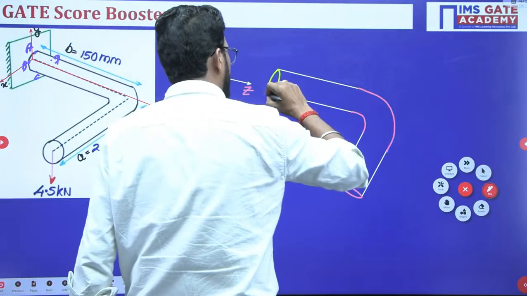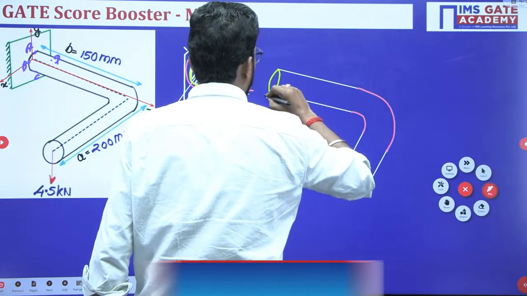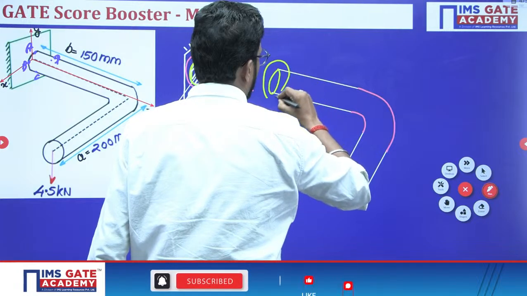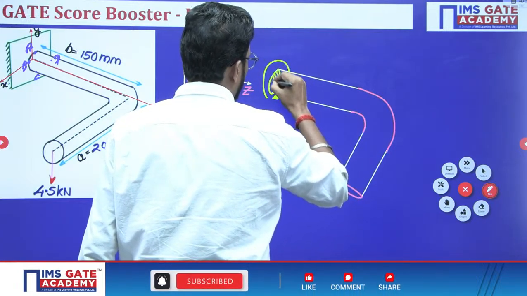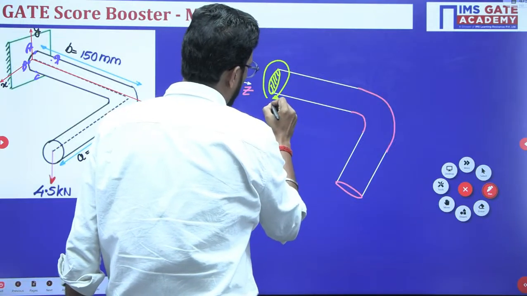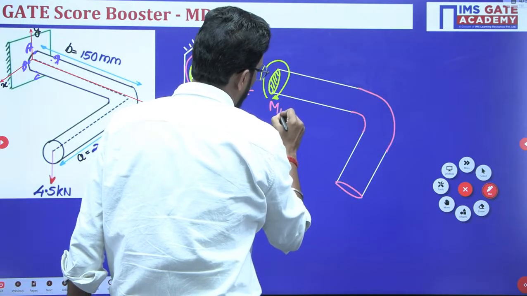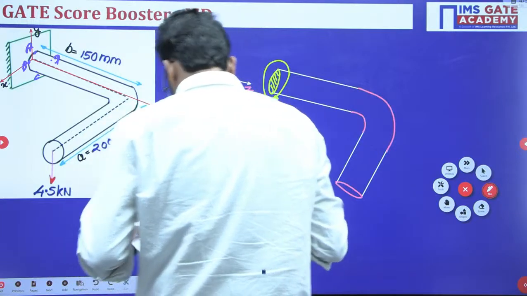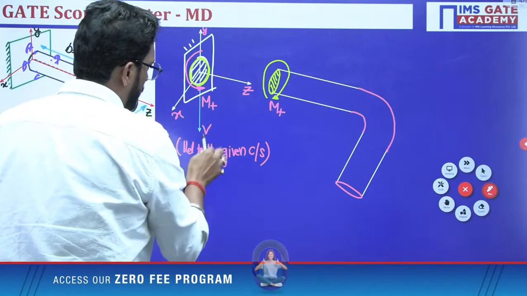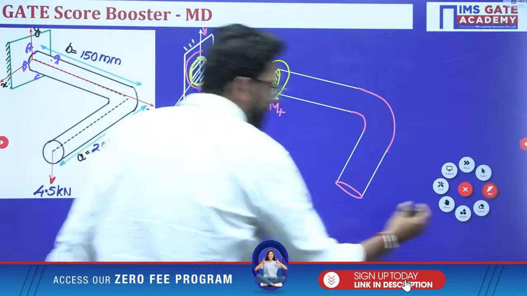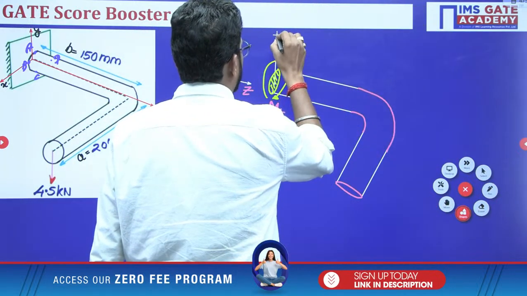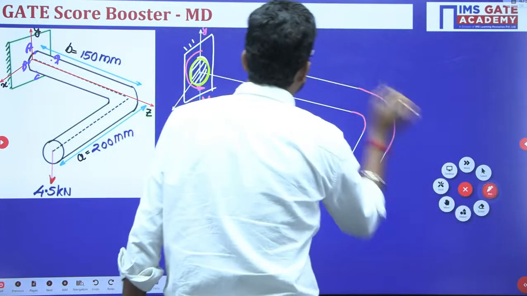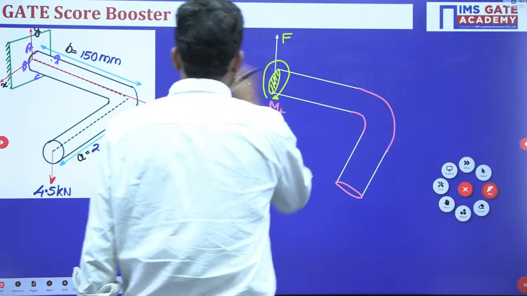At this base it will produce an anti-clockwise reaction torsional moment at this point. And due to this force, there is a reaction upward. Let's suppose this is F, and this F is equal to your V.